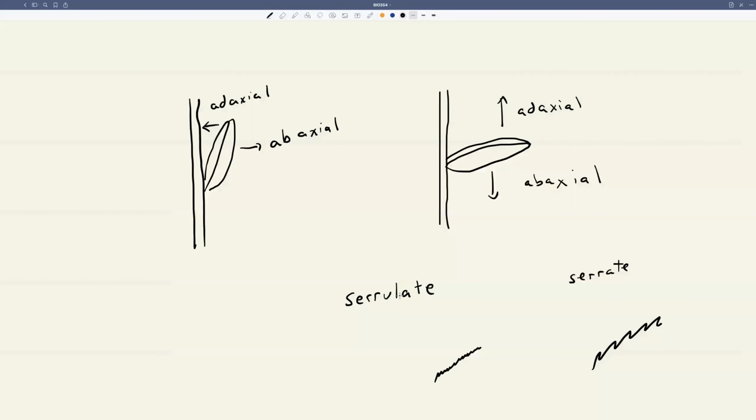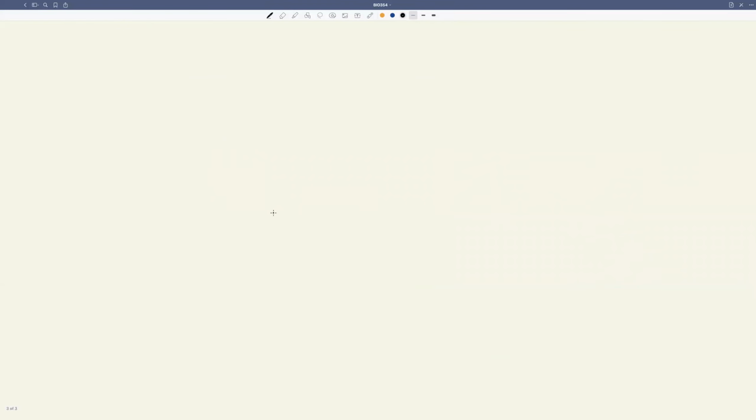So pistil is related to the word pestle. So if you know mortar and pestle, you've got the fat part at the bottom for grinding. Often see this on a pharmacist sign.